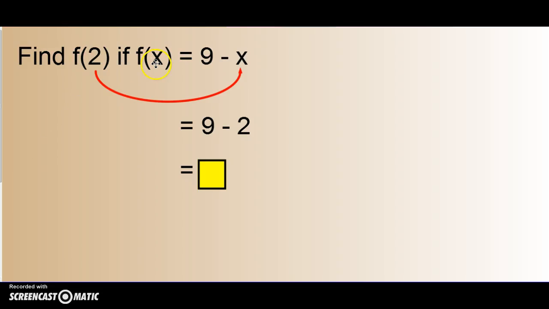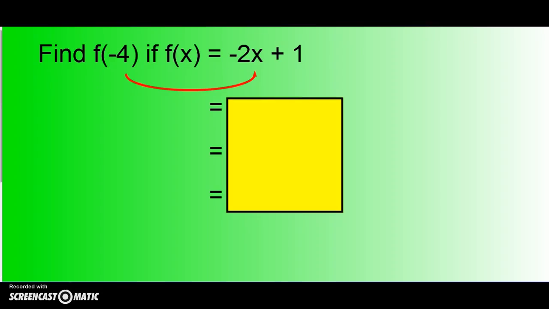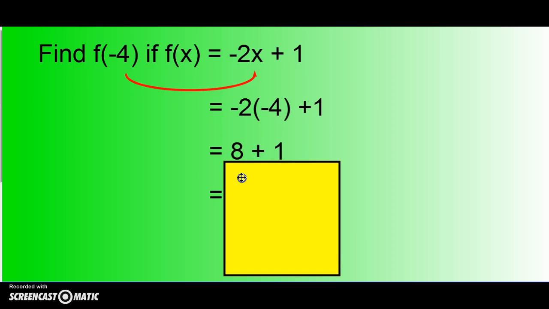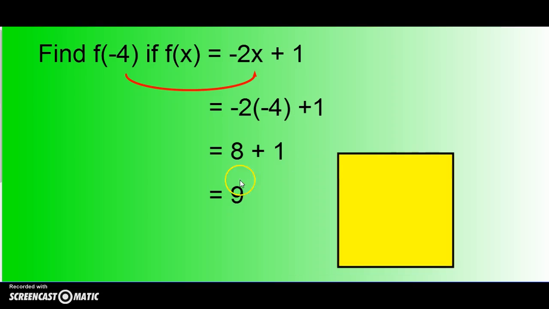So here, solve if the function of x, if x is 2, so 9 minus 2 is 7. Here, solve for the function of x, if x is negative 4, you plug in negative 4 right here. Negative 2 times negative 4 is 8, and then 8 plus 1 is 9.